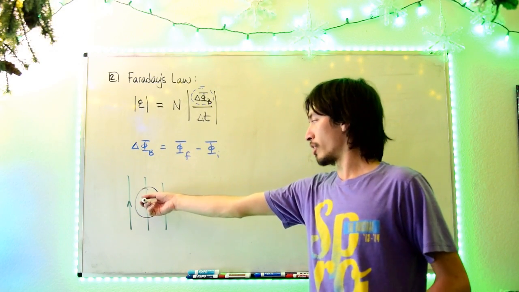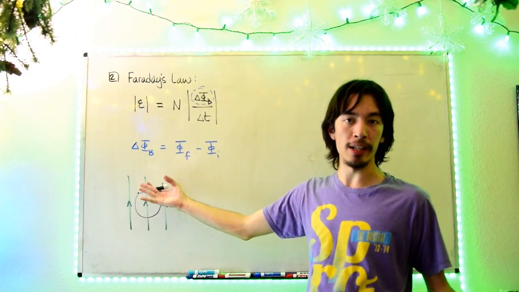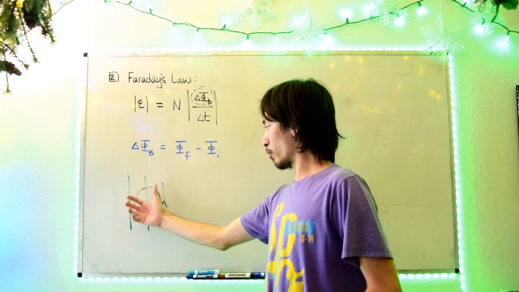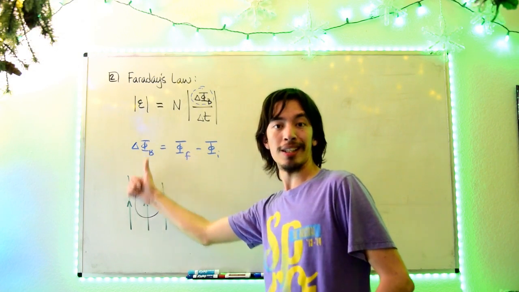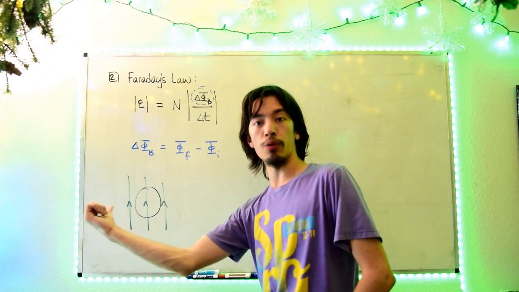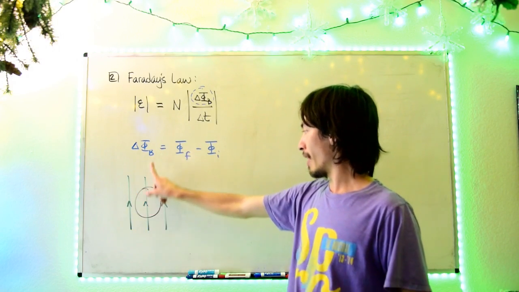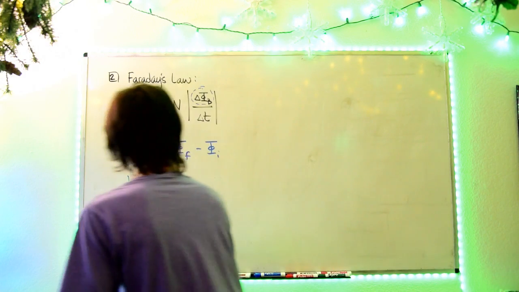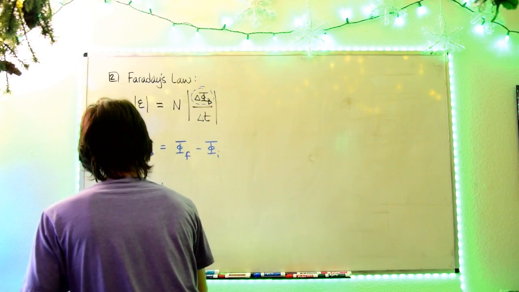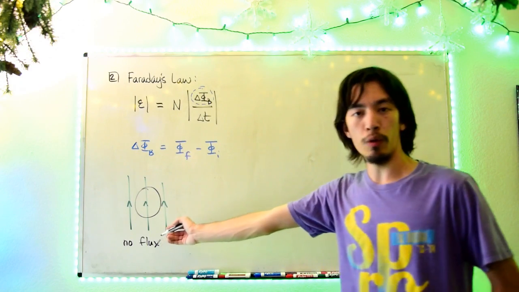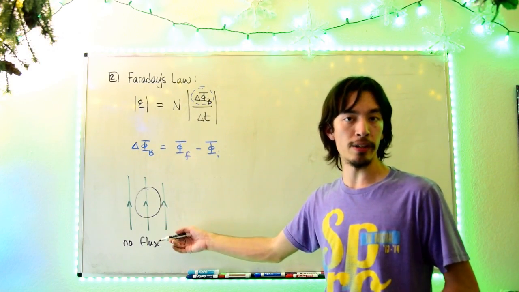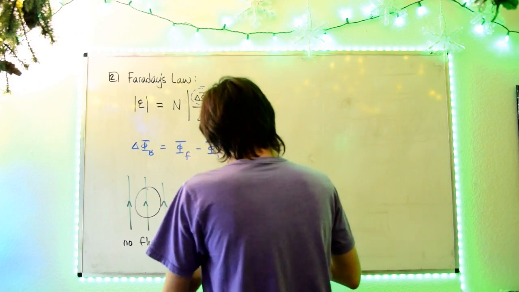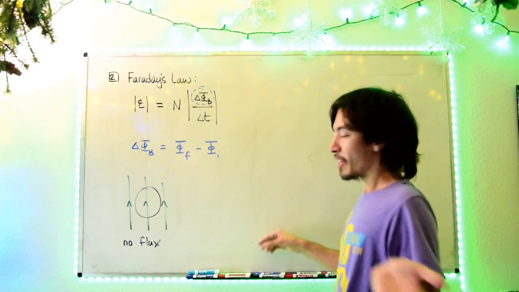Into the page or out of the page, it doesn't matter. The angle between them is 90 degrees. So if you can see this, the loop is oriented in such a way that the magnetic field skims it and it does not actually go through it. So these magnetic field lines do not go through the loop, which means there's no flux. So no flux initially. You could write the equation out, but you would use 90 degrees, and cosine of 90 is 0, which is why we get no flux.